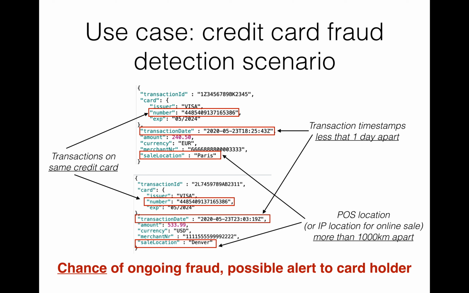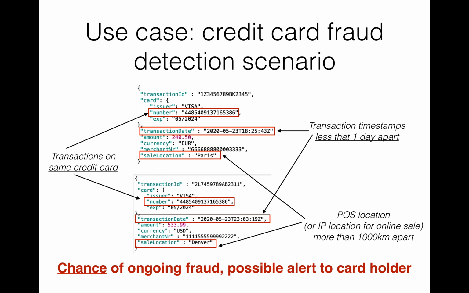You know that one rule that can be applied to credit card transactions is that if there are two transactions close enough in time, and they are done from very far places, then it might be a fraud. For example, you can see the JSON on the top, a JSON document, which represents a credit card transaction.